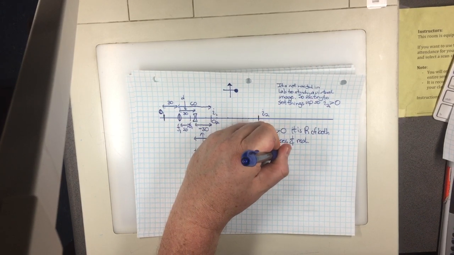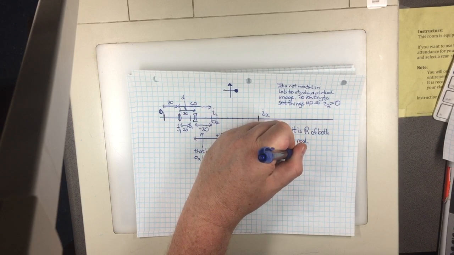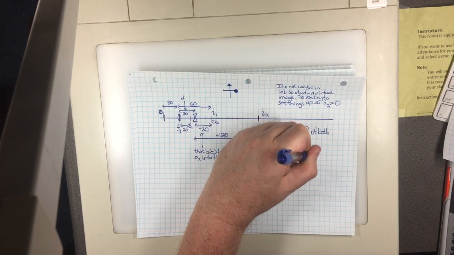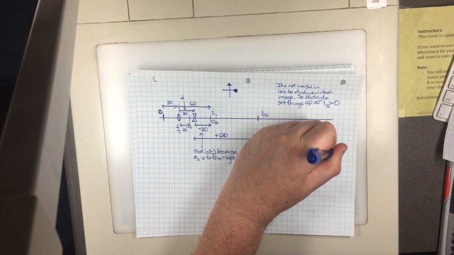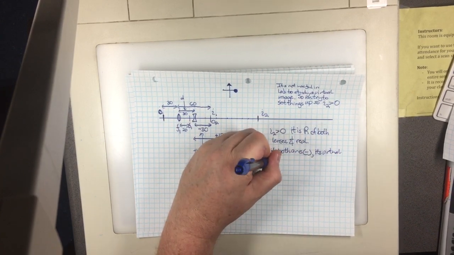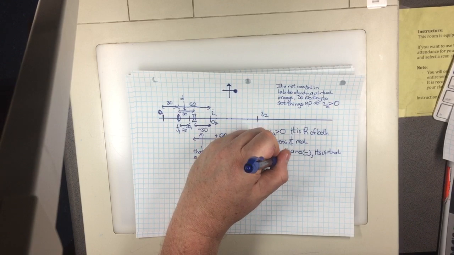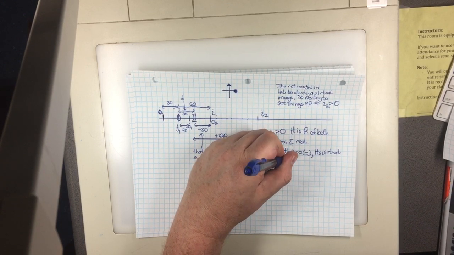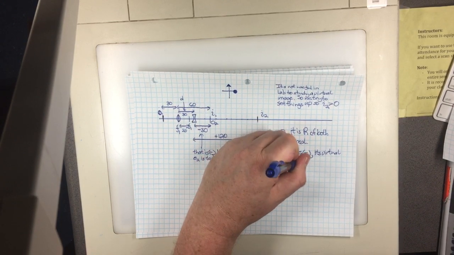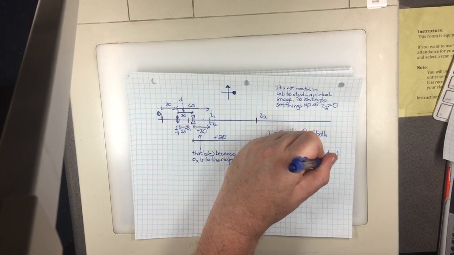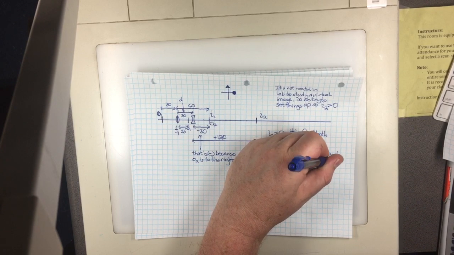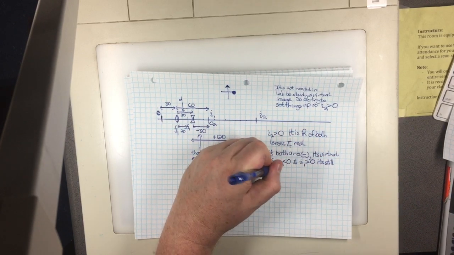If both are negative, it's virtual. If I2 is less than 0 and I1 is greater than 0, it's still virtual.